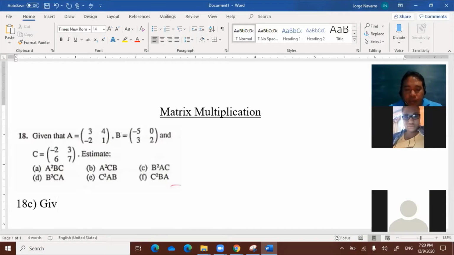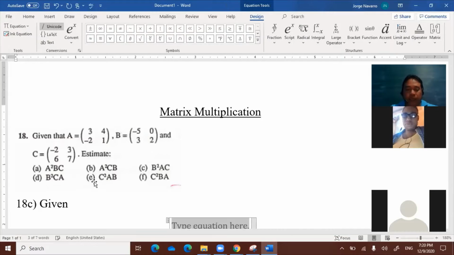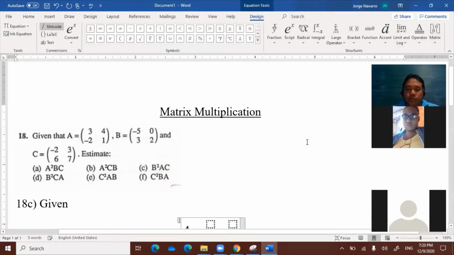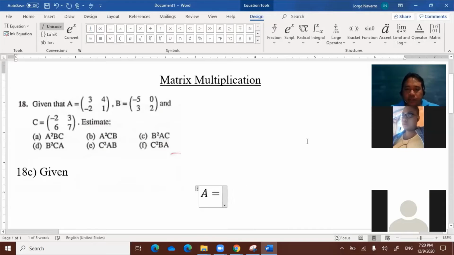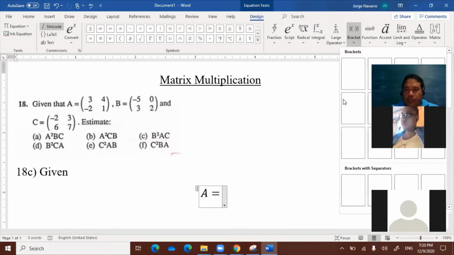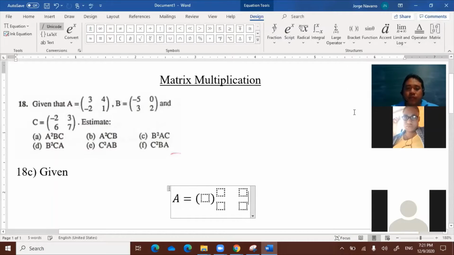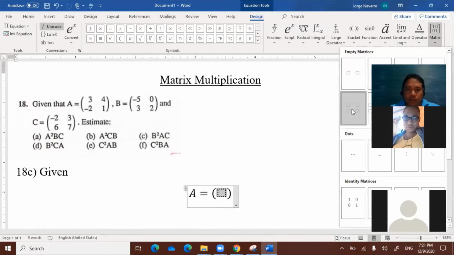So again, we are given, and we have to write out the whole thing again as we normally do. So matrix A equals, see the matrix value there. We are looking at a 2 by 2, and I forgot to put the brackets, my goodness. So brackets, and then you go to matrix 2 by 2. Okay, so that's the matrix.